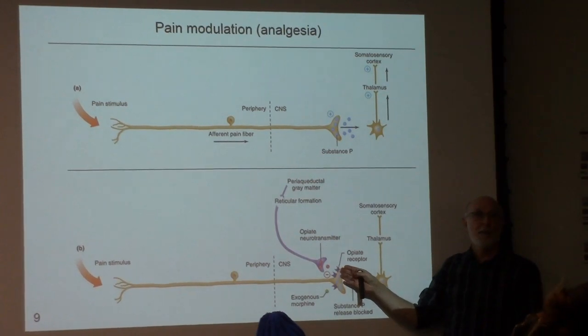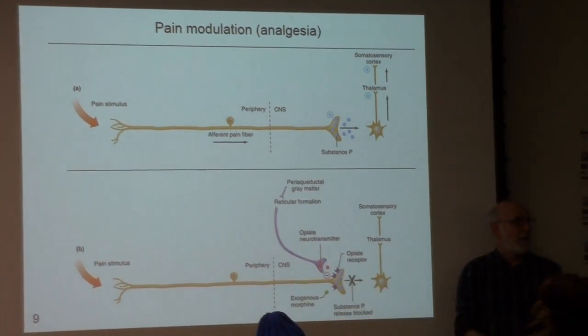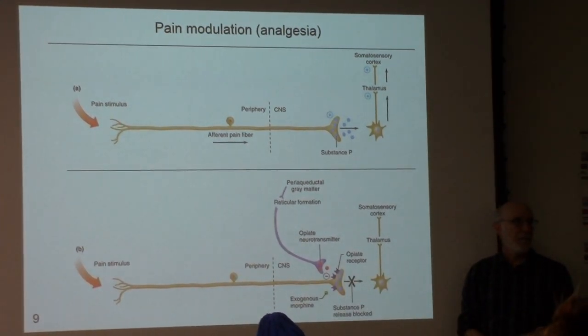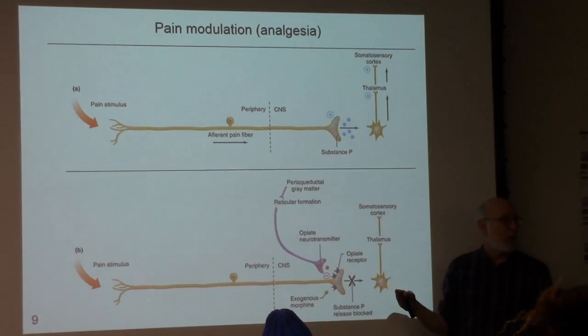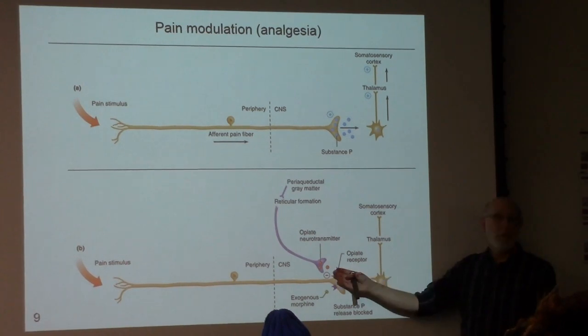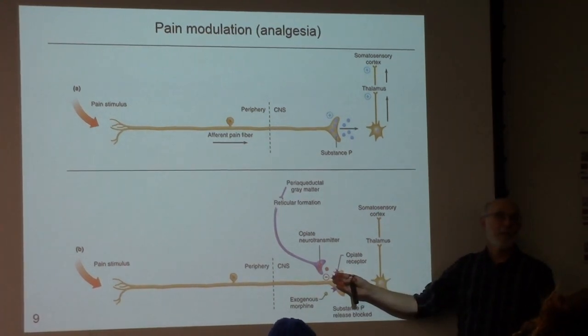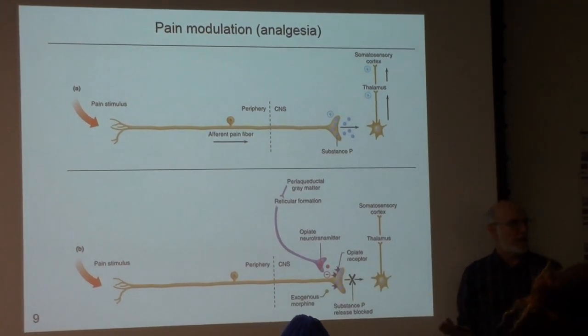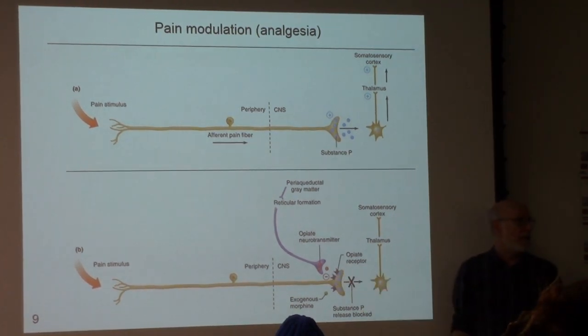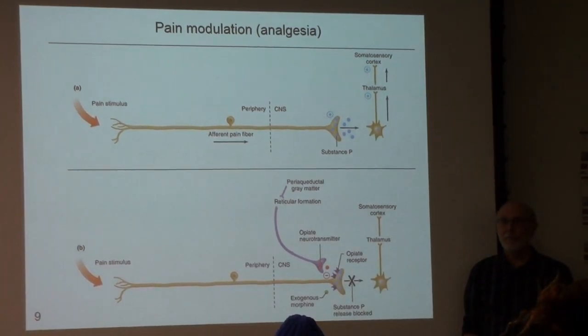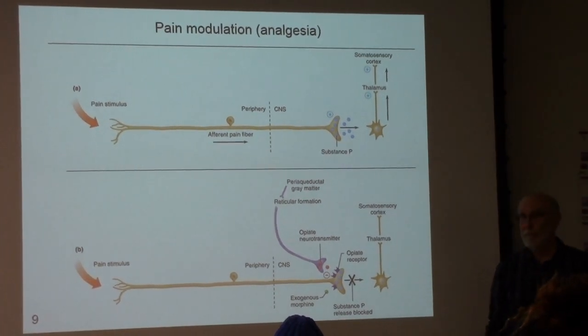Endogenous modulation of the pain pathway. Opiate drugs like oxycodone and heroin and morphine do the same thing. But of course they do more than this because they are addictive and habit forming. Not because of here, but because of what they do in the brain.